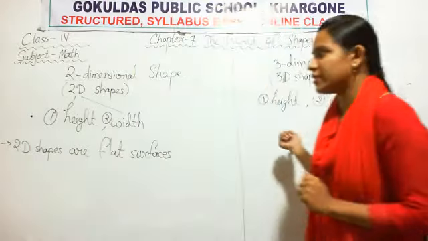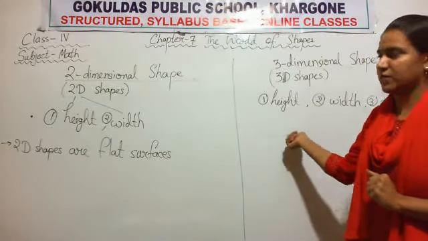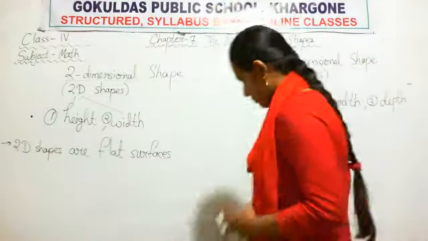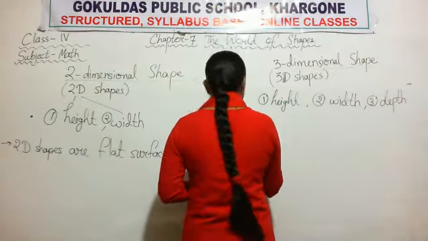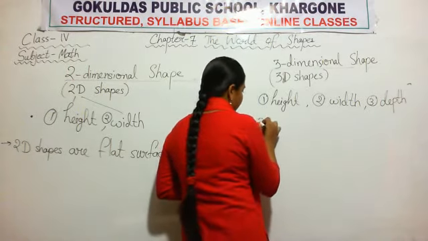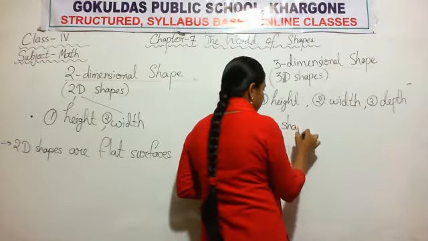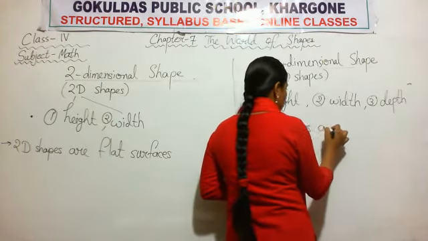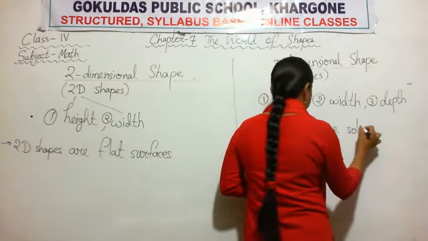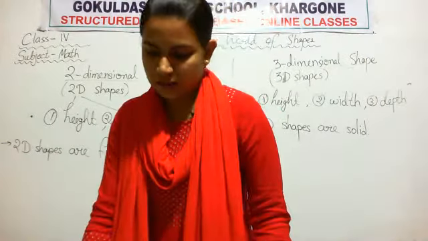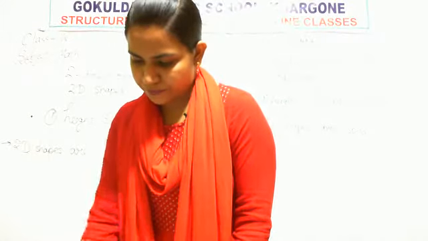So basically 3D shapes are solid shapes. 2D shapes are flat shapes. So let me write the point for 3D shapes. 3D shapes are solid, or all solid shapes are 3D shapes, we can see.